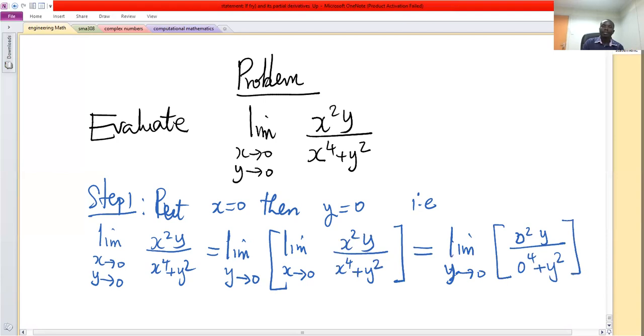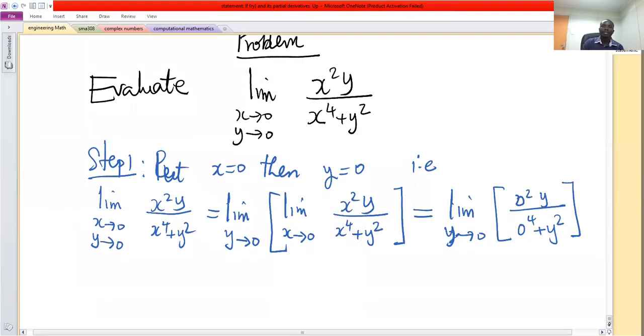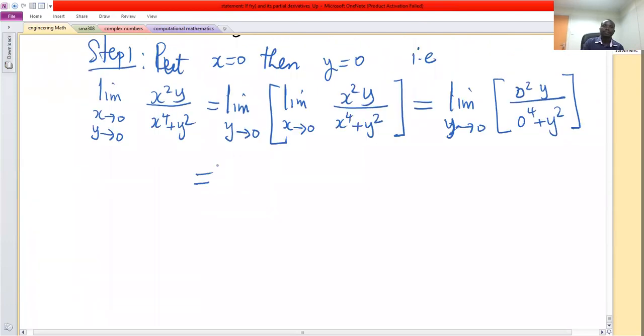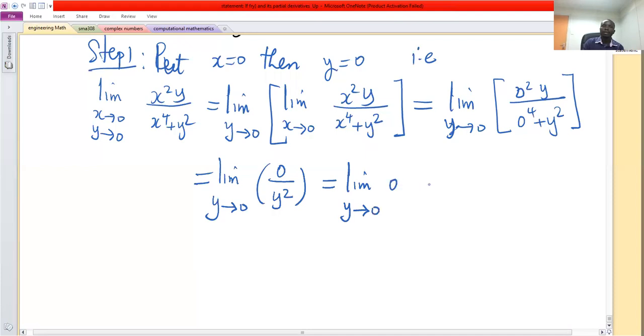Now 0 squared is 0, and when you multiply by y, you get 0. So we have the limit as y approaches 0 of 0 over y squared, which is the same as the limit as y approaches 0 of 0, and the limit of a constant is a constant. You let this value be f1.